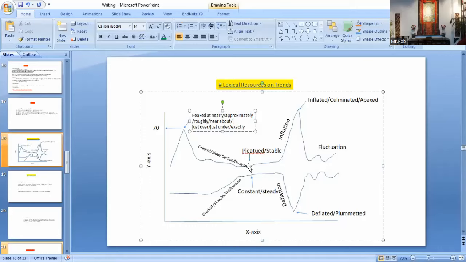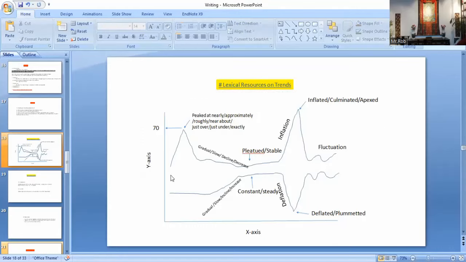And another thing is, whenever something is happening slowly, you can use words like gradual, slow, decline. If it's decreasing, then you can write decline or decrease. And if something is stable for a long period of time, you can use words like plateaued or stable.